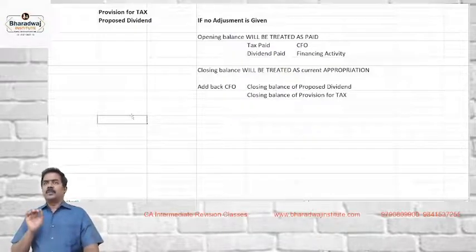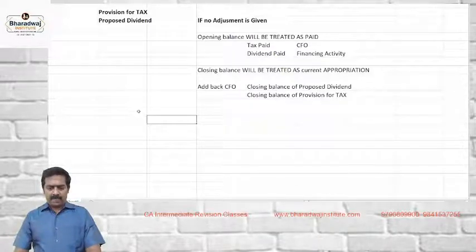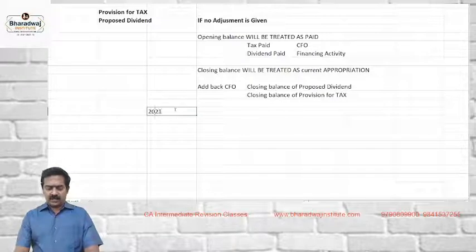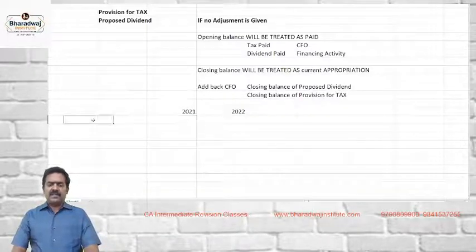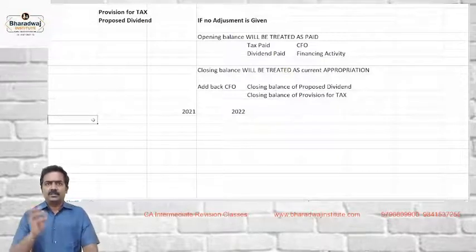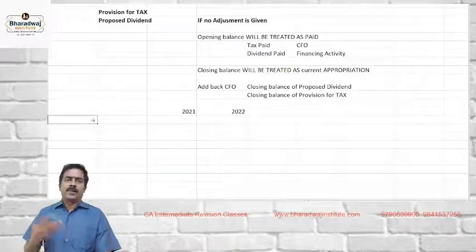Now, let me give a proposed dividend adjustment alone. Note this, then we will proceed. Instead of solving a lengthy problem, let me do small problems for all the important adjustments.